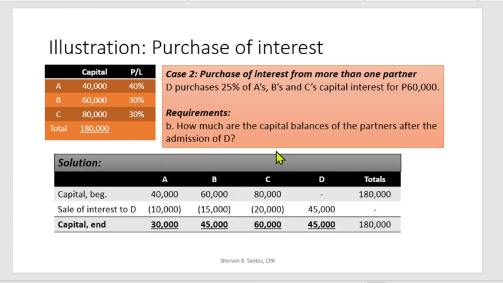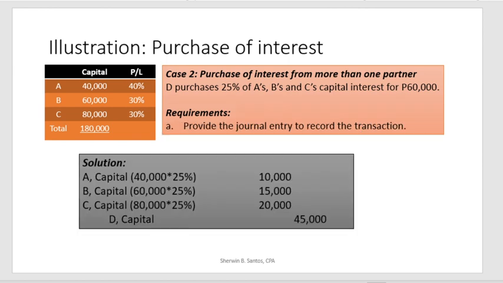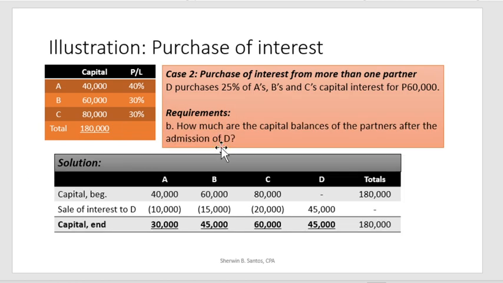So, this is the solution for item A. Next, how much are the capital balances of the partners after the admission of D? So, we refer to the entry. This entry, 10, 15, 20, these are deductions from the capital contributions of A, B, and C, while 45,000, which is a credit, is an addition to the capital of D. So, ang tinatanong lang dito, how much is the capital balances of the partners after the admission of D?